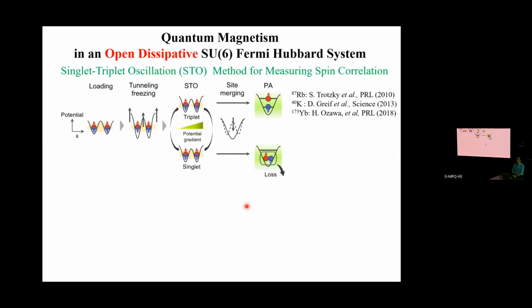Okay, and for measuring the spin correlation, we use the powerful technique of the singlet-triplet oscillation (STO) method.